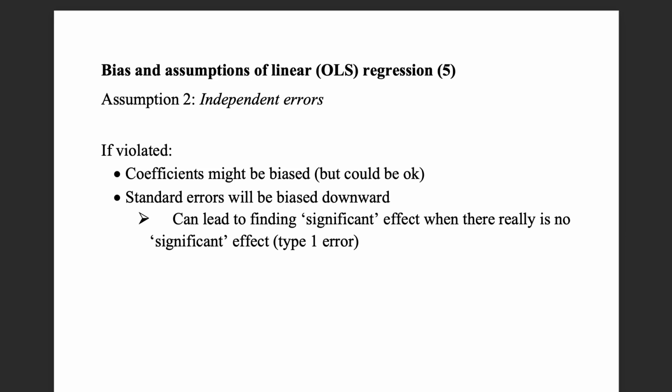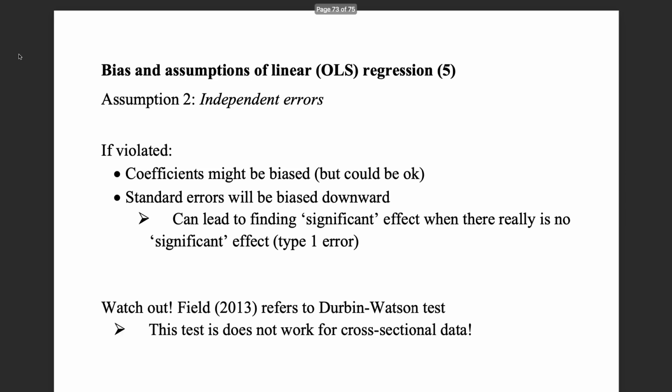And if the t-value is too large, that means that we are further out in the tail of the t-distribution than we are supposed to be. In other words, our p-value will be lower than it actually is. So the true probability value is actually larger than the one that we are getting because our standard errors are biased downward. So that's of course something you want to avoid.